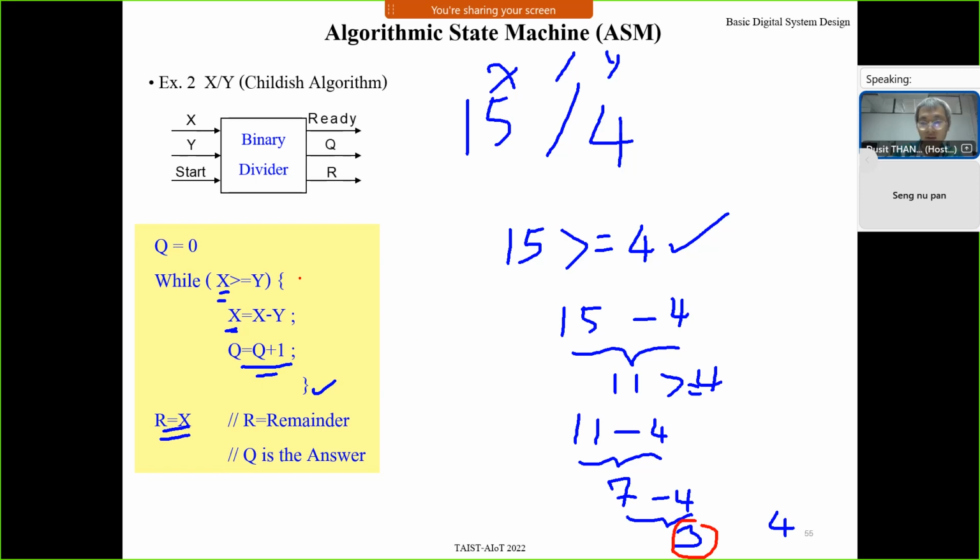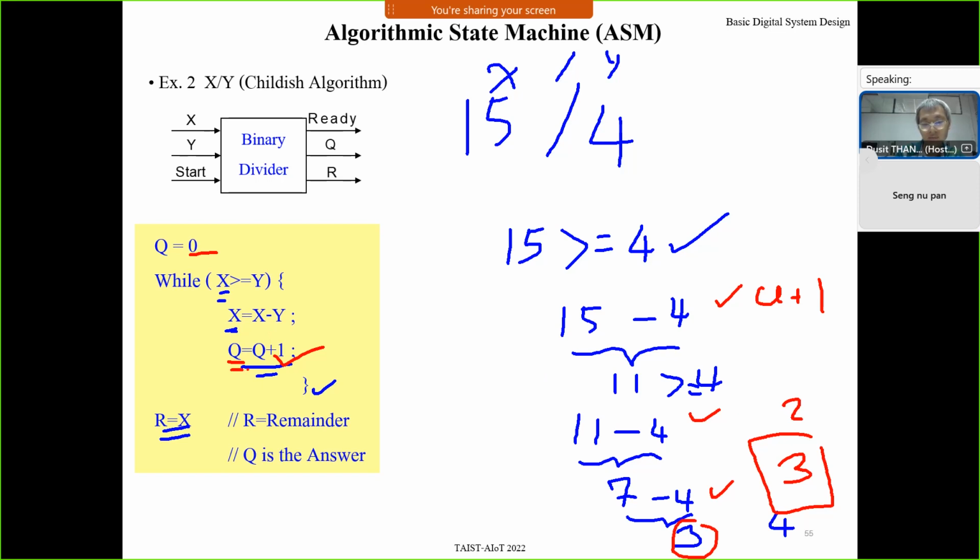So now Q has counted up how many times? 1, 2, 3 times, right? Q plus 1, starting from 0, then it becomes 1, and becomes 2 here, and becomes 3 here. So the answer is 3. Okay, Q is 3.